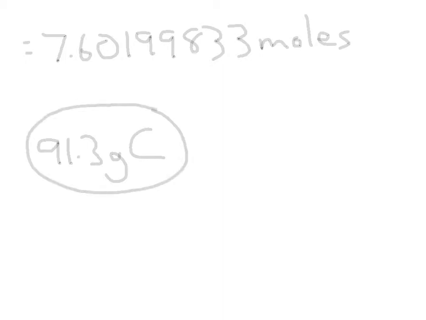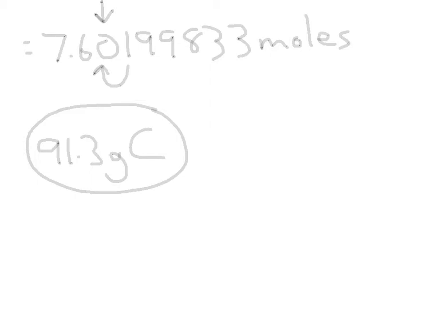That has 3 significant digits. So what I need to do is round my answer to 3 significant digits. So I need to round to that 0. And of course the 1 leaves the 0 a 0.